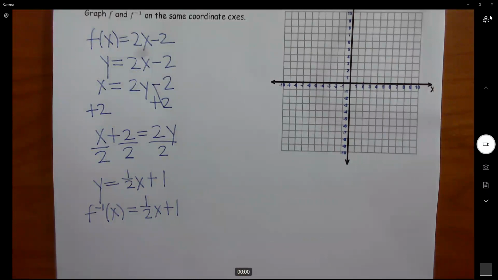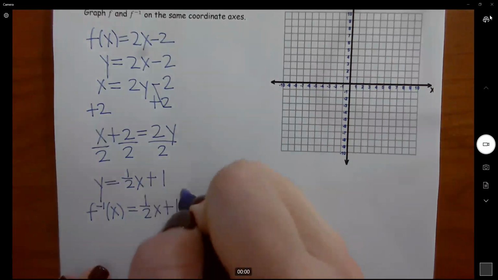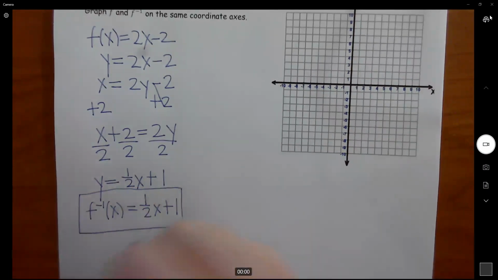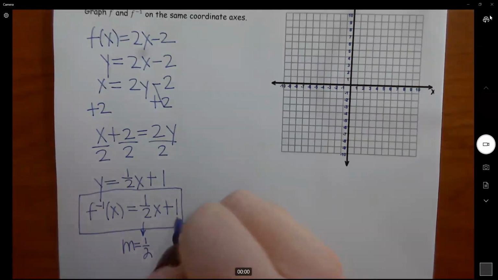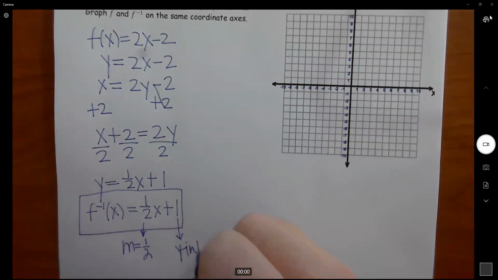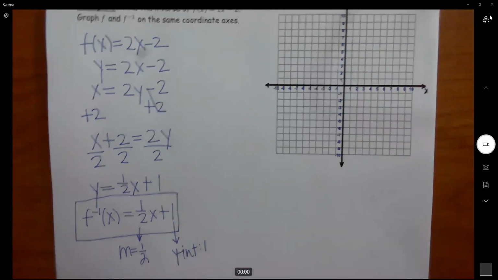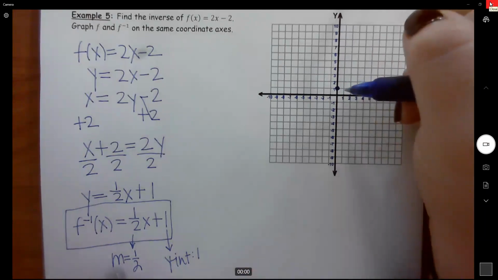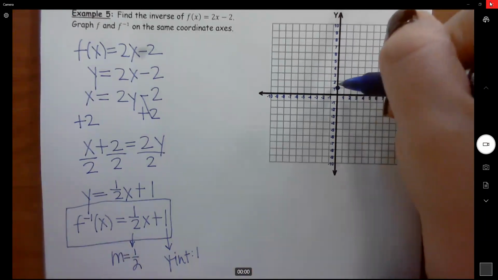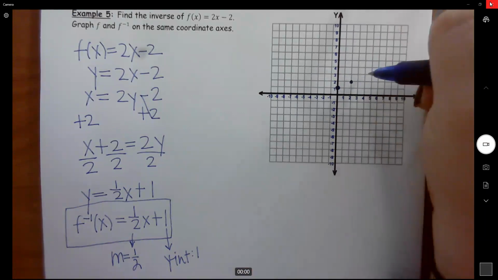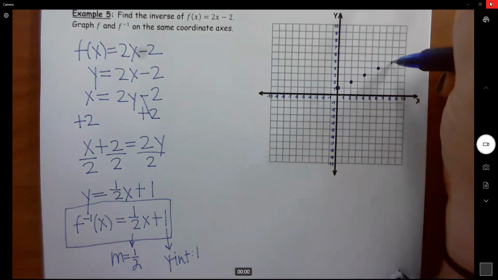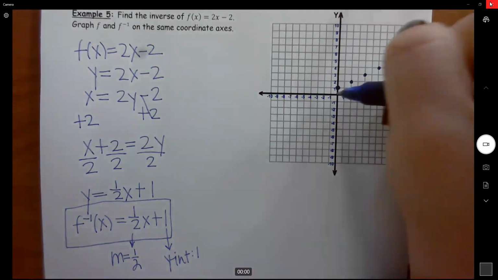So now let's graph both of these. So I'll go ahead and graph the inverse first, because why not? This tells me my slope is a positive 1/2 and that my y-intercept is 1. So I'm going to start right here at 1. And my rise over run is 1/2. So up 1 over 2, up 1 over 2. And I'm going to go across this whole chart just to make this as beautiful and accurate as possible.